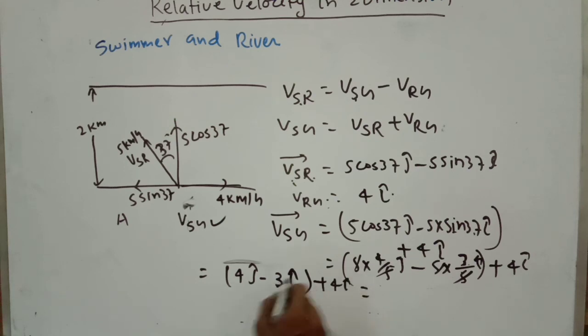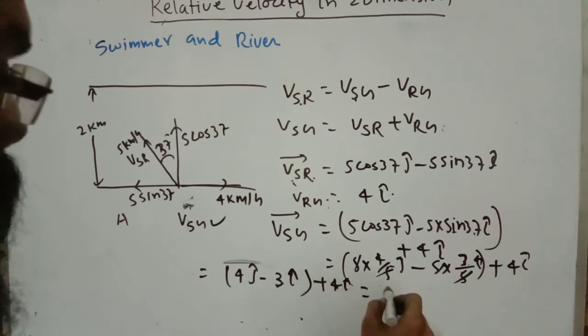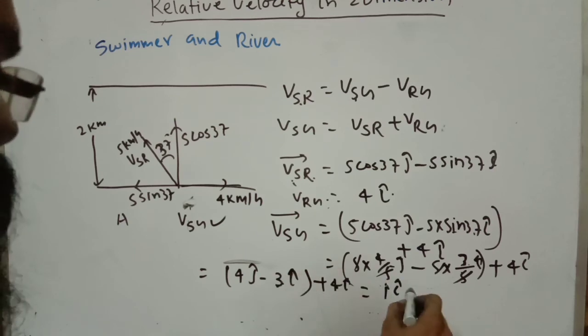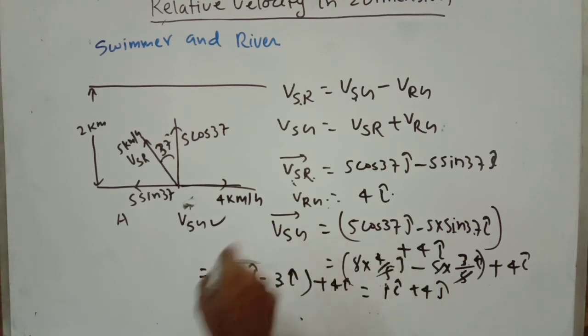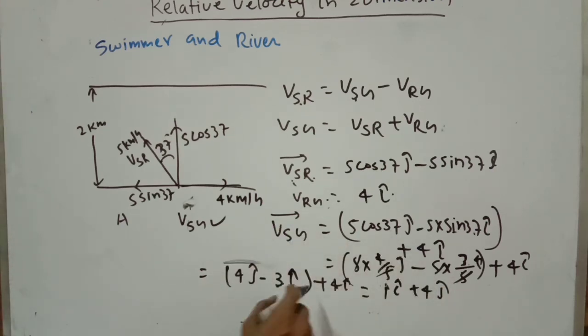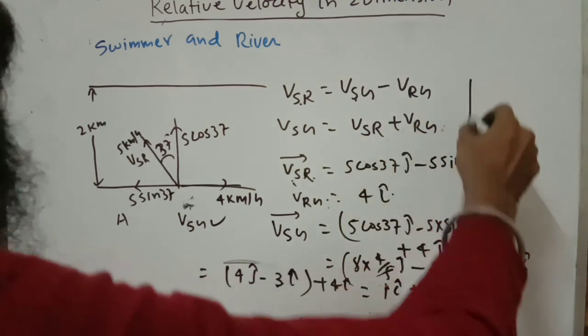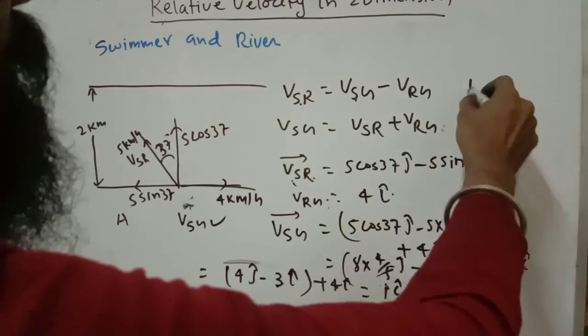So 4 minus 3 equals 1 i cap, plus 4j cap. So the resultant is 1i and 4j.